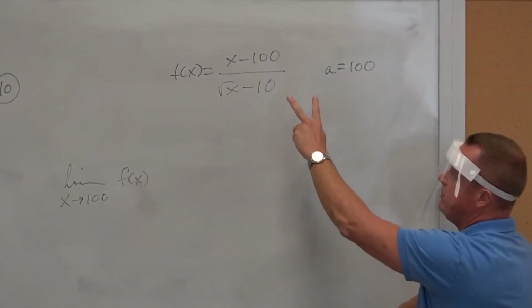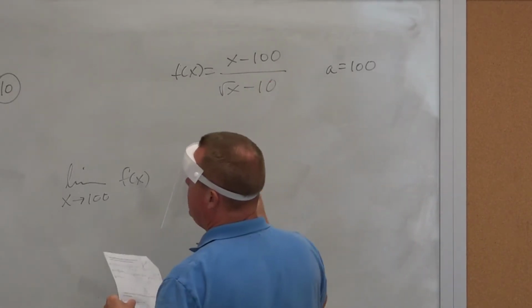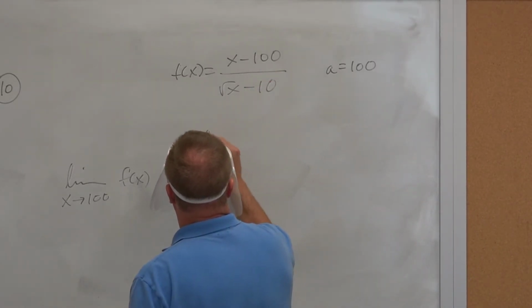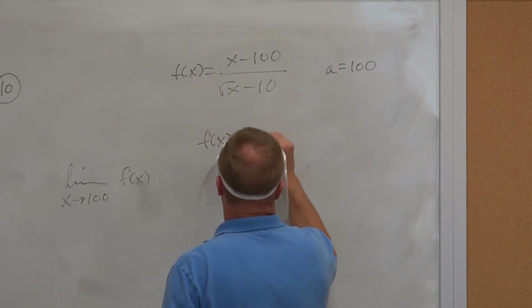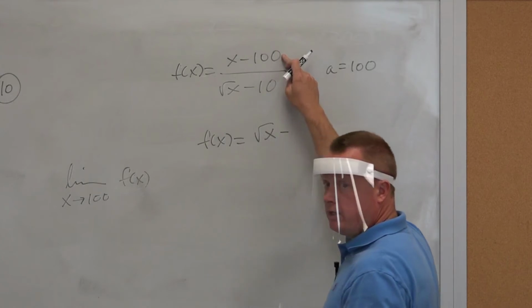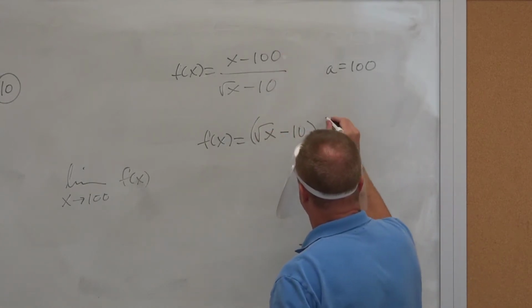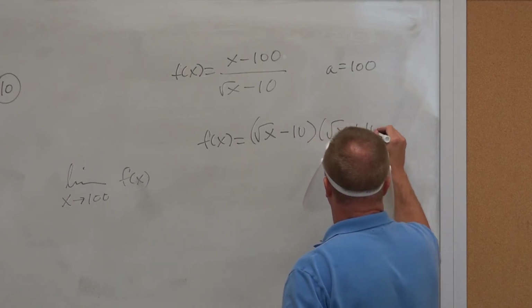All right, if I've got a difference, so x minus 100 really is the same thing as the square root of x minus the square root of 100, which is what? 10, times square root of x plus 10.